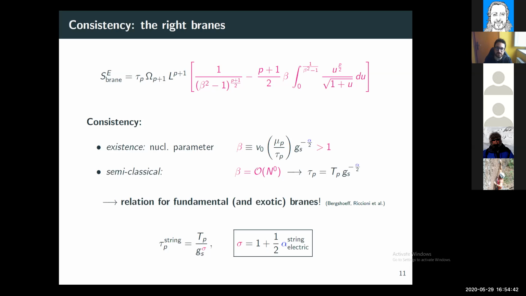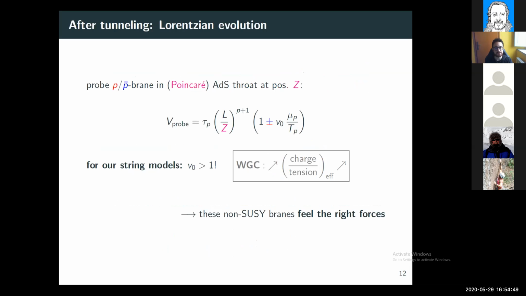And then another interesting result is what happens after nucleation. When nucleation occurs, these brane and anti-brane pairs separate because they feel a potential, and this potential depends on this charge to tension ratio, which in the string theories at stake ought to be 1, but nevertheless the potential for branes doesn't cancel out because of this V0 factor here. So this V0 appears just from the background, right?